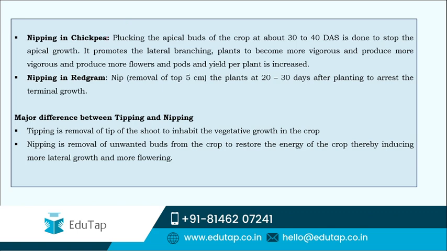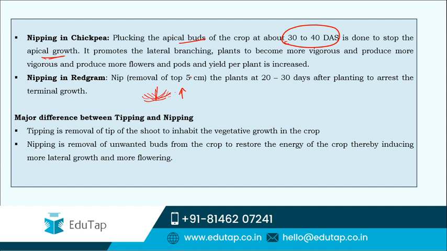See how it is done in Bengal gram. It is plucking of the apical buds when it is 30 to 40 days after sowing, just to stop the apical growth so that the vegetative growth is more, and then a bushy appearance, along with that flowering would be more. As there is more side growth, more flowering would be there, thereby an increase in yield per plant.